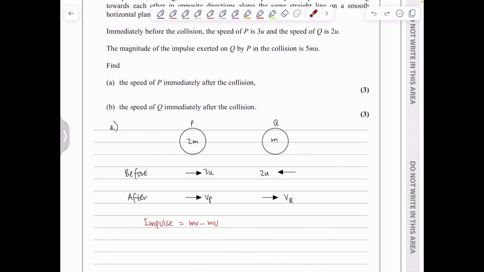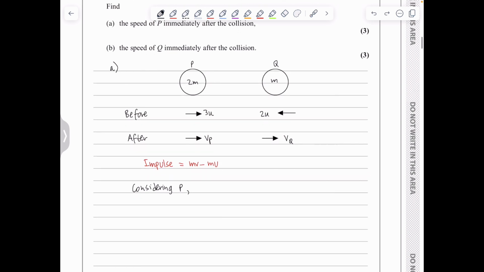Well, let's recall that the impulse is the change in momentum. It's mv minus mu. So if we consider P was moving to the right, the impulse is acting to the left because it collides with Q, and therefore we can say that the impulse on P is equal to mv, so the mass is 2m, and the velocity after is vp, minus 2m times the 3u.